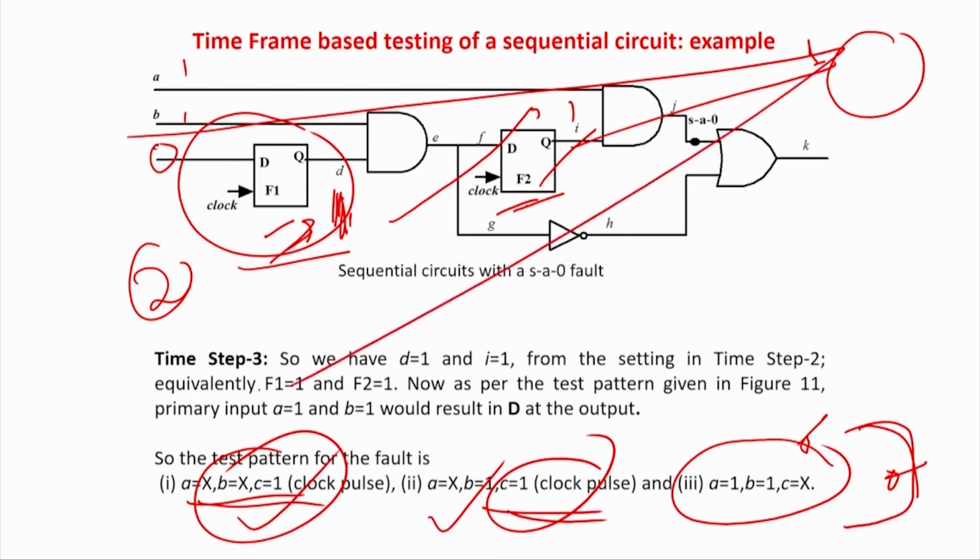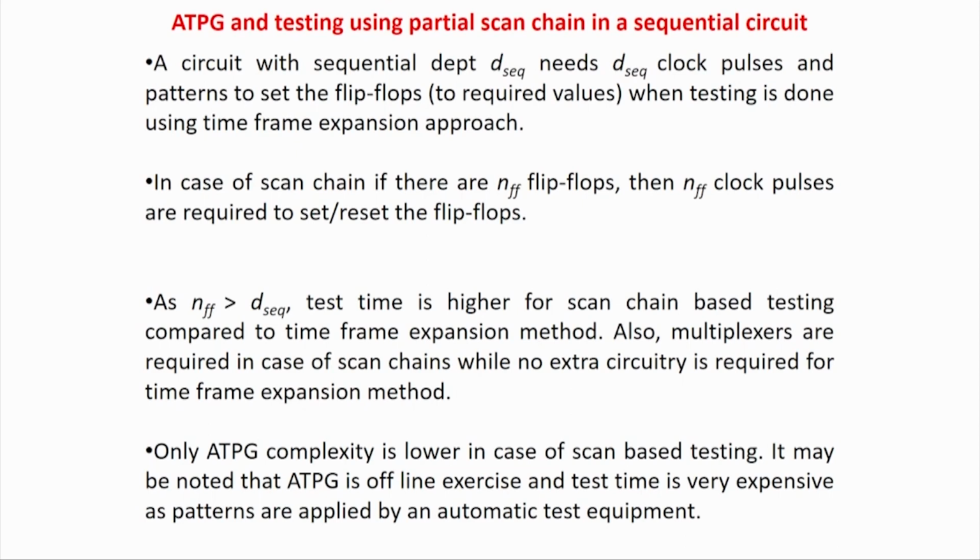The test pattern generation tool will take a lot of time to tell you how I can get a 1 in this flip flop and what values have to be set down the line. So such distant or difficult flip flops can be scan enabled. But such flip flops which are very near to the primary inputs, which can be very easily directly controllable, and where the test pattern to be applied does not matter much, we can eliminate from the scan enable.